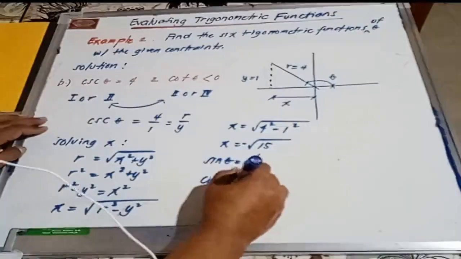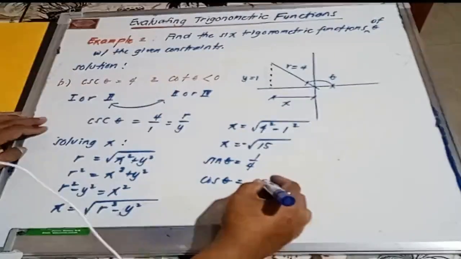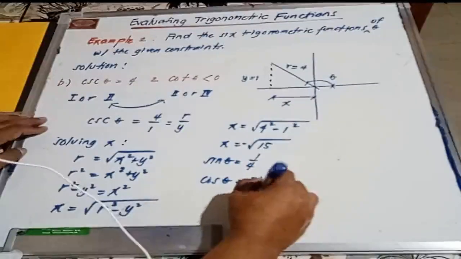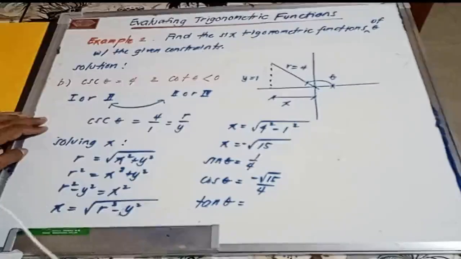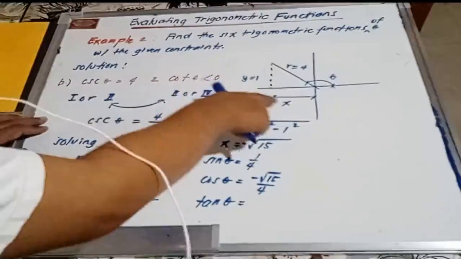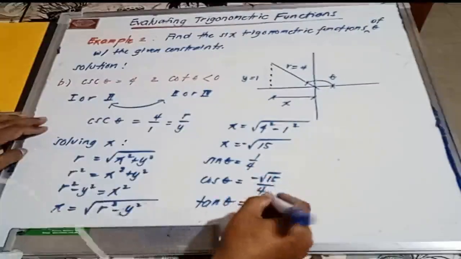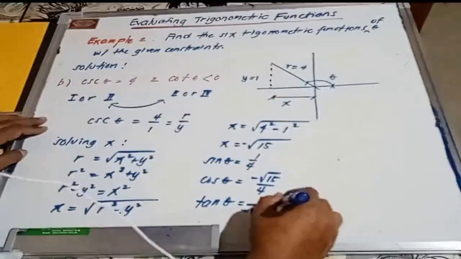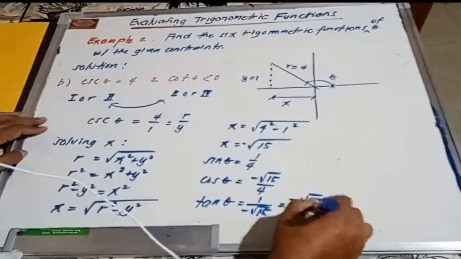Cosine theta is adjacent over hypotenuse or x over r, or negative square root of 15 over 4. Tangent is opposite over adjacent. So, 1 over x, or 1 over negative square root of 15. Rationalizing the denominator, negative square root of 15 over 15.